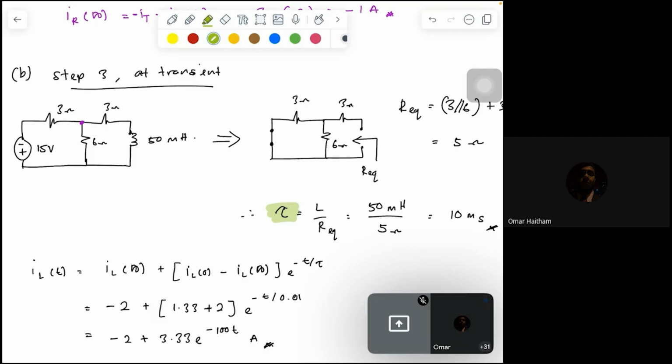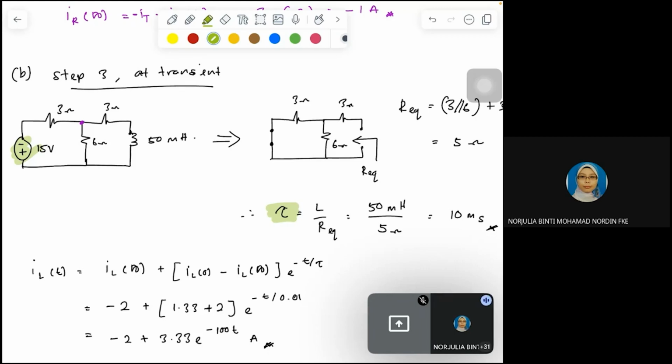At this step 3, we should draw the circuit after 0 and then find the time constant. Since this circuit is connected to the voltage source, this is the step response circuit, so we need to turn off the sources.